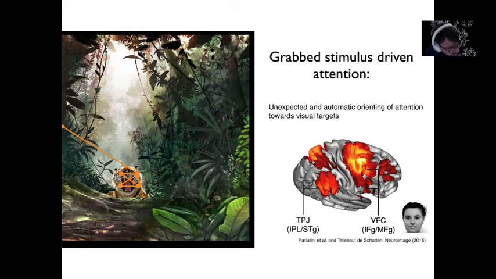And you can see that if you're doing this kind of task in an fMRI scan, you will have a different network of activations that involves the ventral frontal cortex and the temporal parietal junction, as well as the DAN. But this ventral part will force the DAN to orient its attention towards this emotionally and survival-wise very important event happening in your environment.